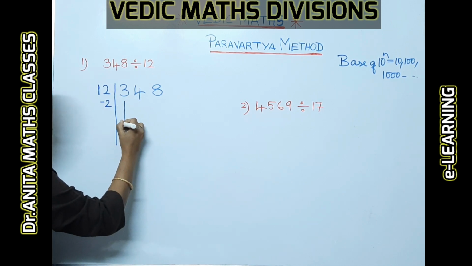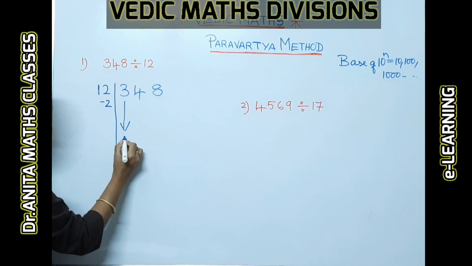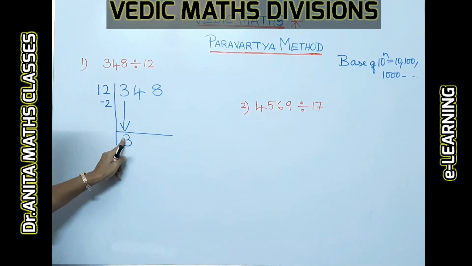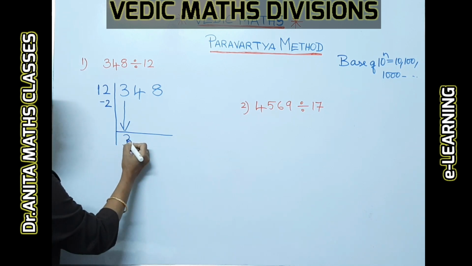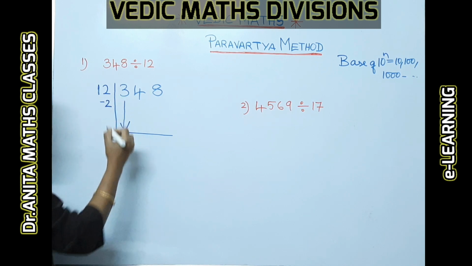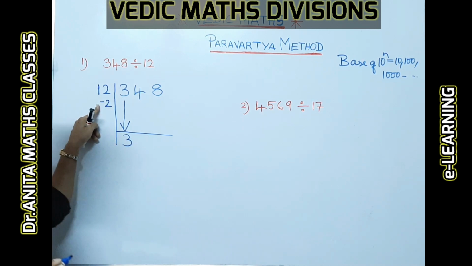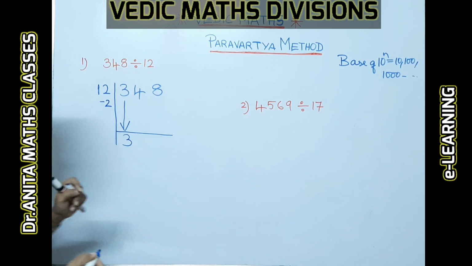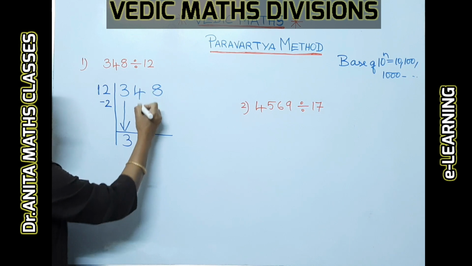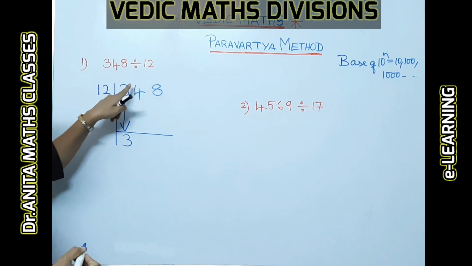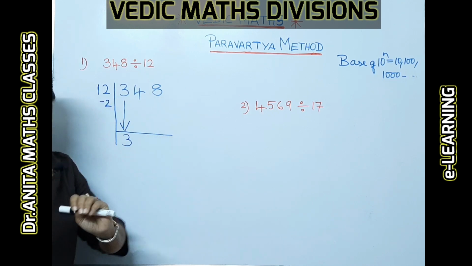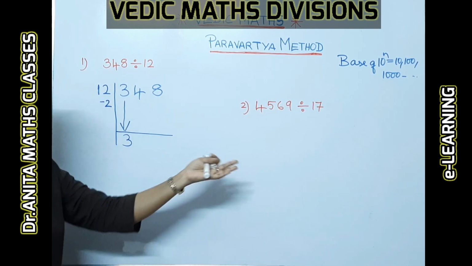Now, as it is, we drop the first number. Next we multiply this number with the transpose and place the result below the next number. 3 2s are 6, but there is a minus, so we get minus 6. But if you write minus 6 and add it to 4, subtraction is not practically possible: minus 6 plus 4 comes to minus 2. We should not get negative numbers in the quotient or the remainder.